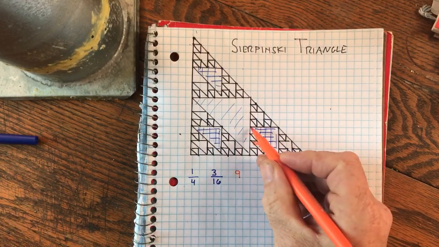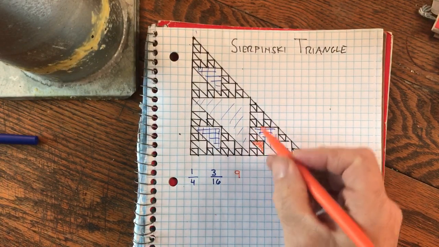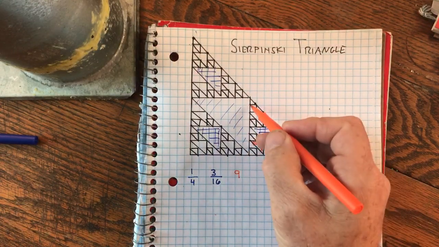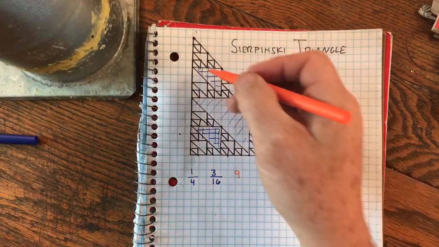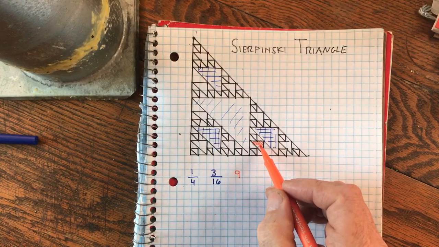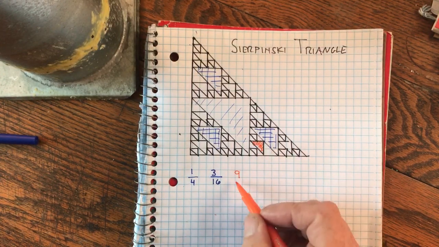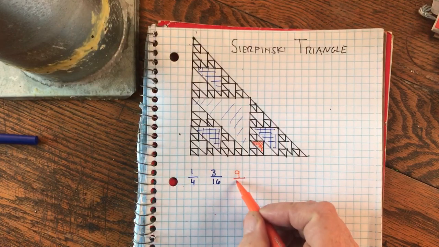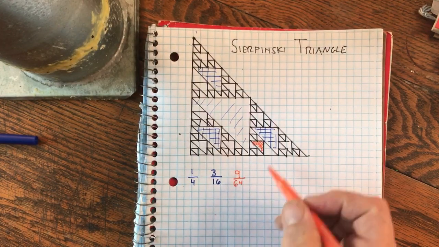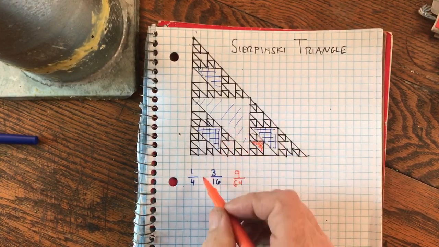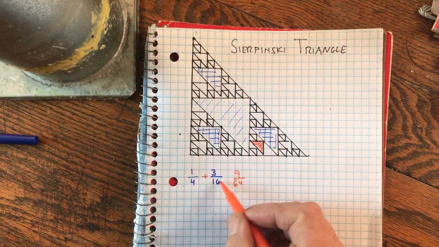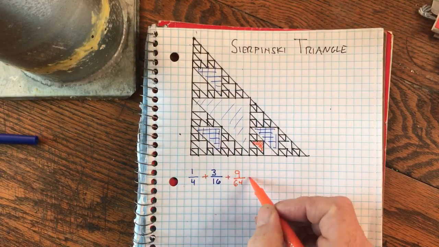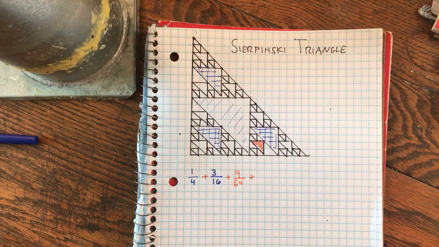This is 1/4 of 1/4 of 1/4. So each of these is 1/64 of the big triangle. There are 9 of them, so they total 9/64. So far we have 1/4 plus 3/16 plus 9/64.